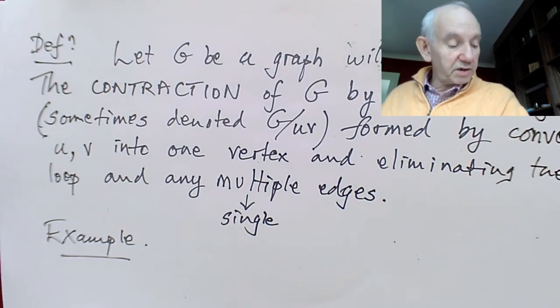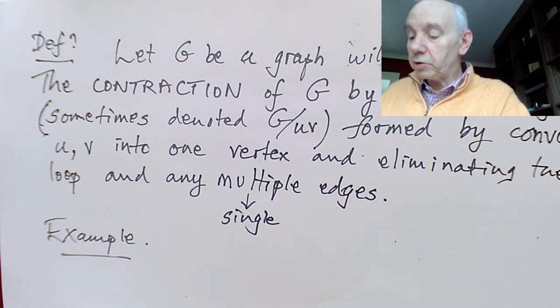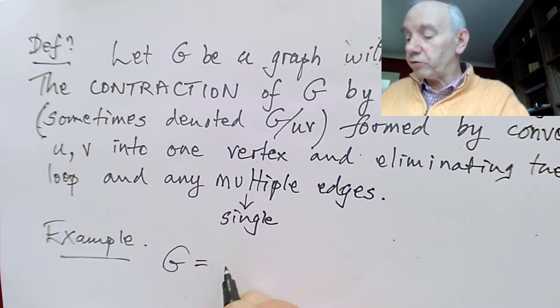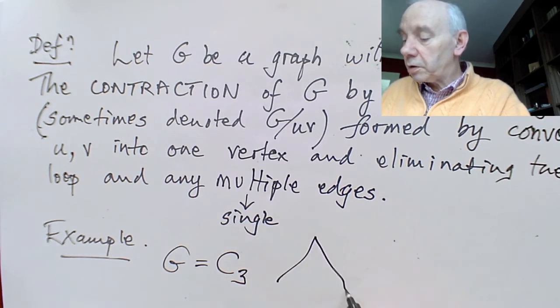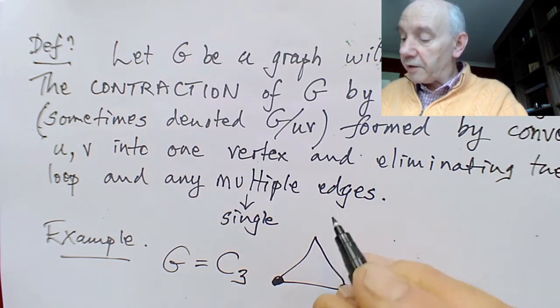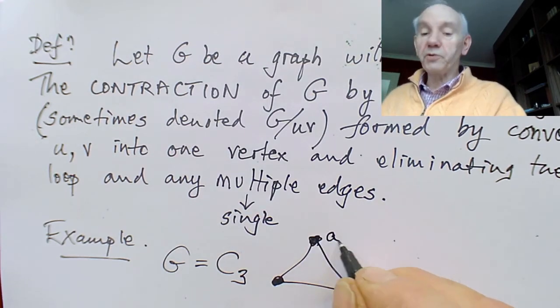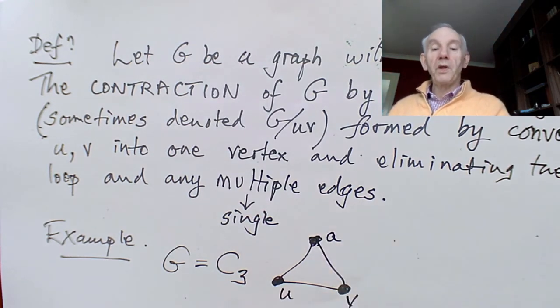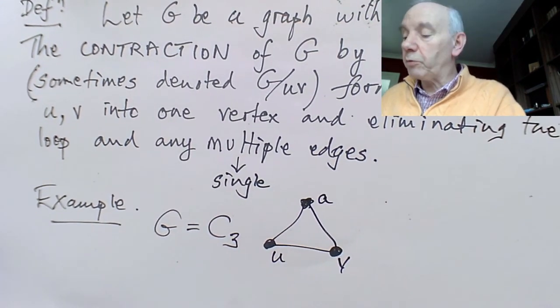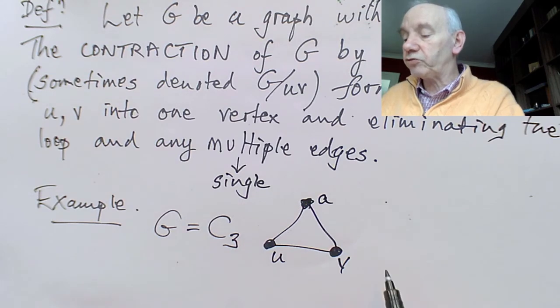So here is G. It's a 3-cycle, which I draw as a triangle with vertices, well, let's put A at the top and U and V as the bottom two vertices. Now the idea is that you make U and V coalesce.